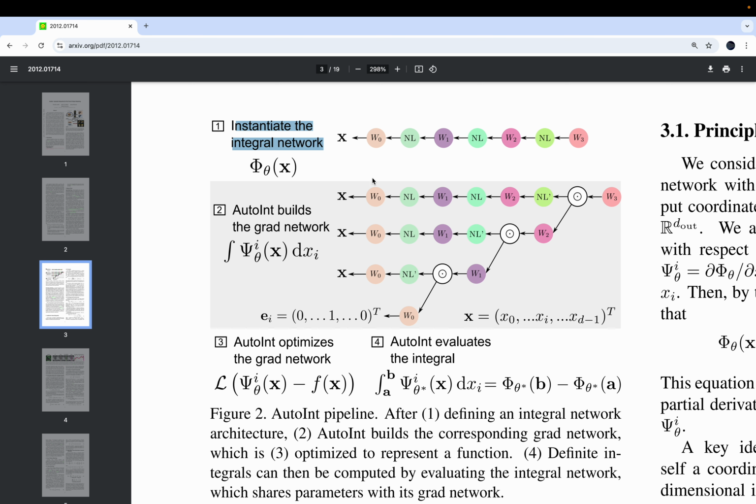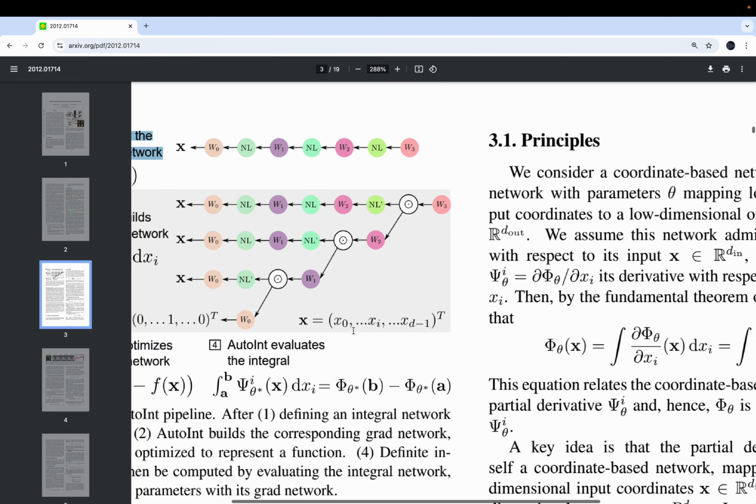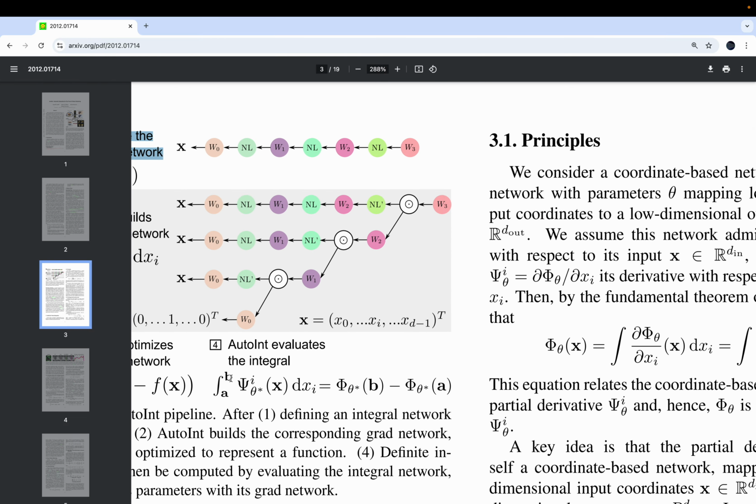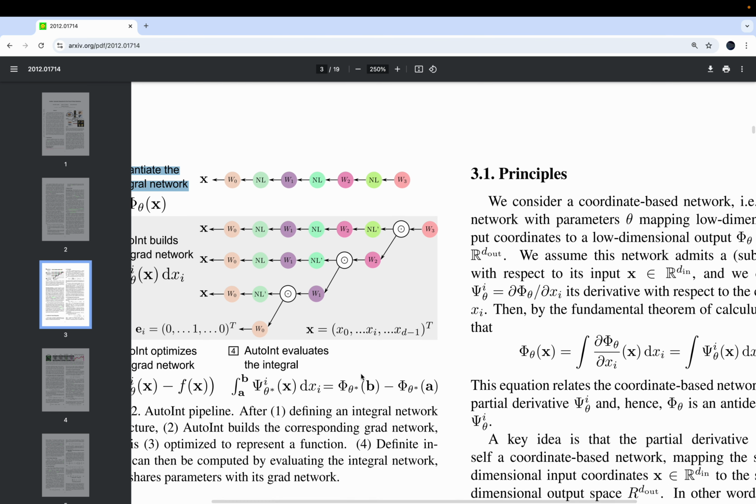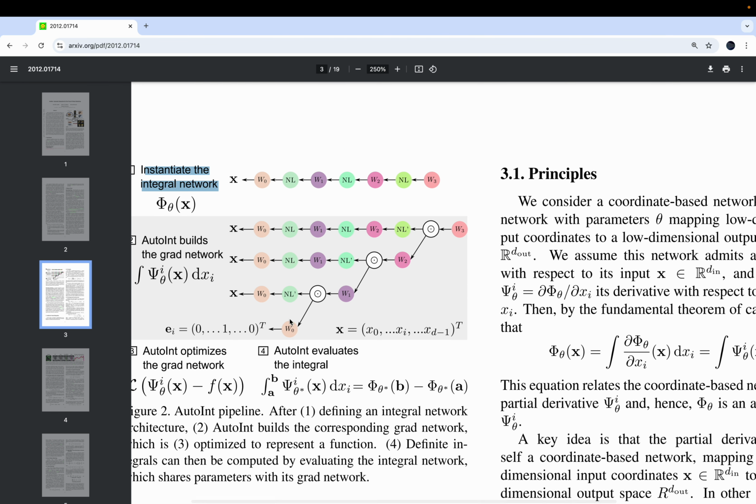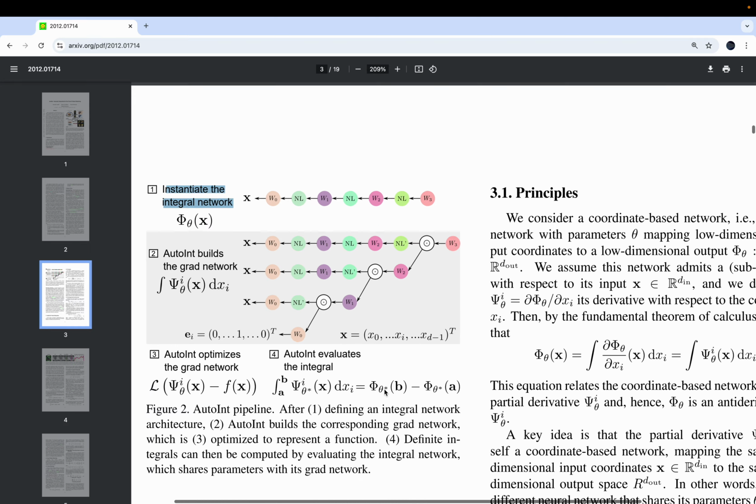That means that during training we can evaluate psi and train it. Then during inference, it's very simple to evaluate the integral: it just consists in running the integral network using its forward pass.